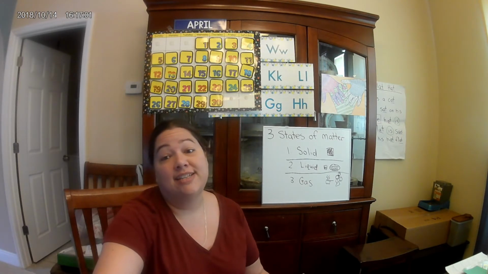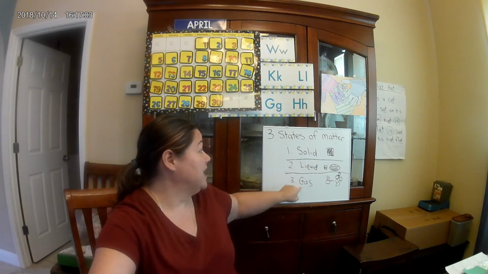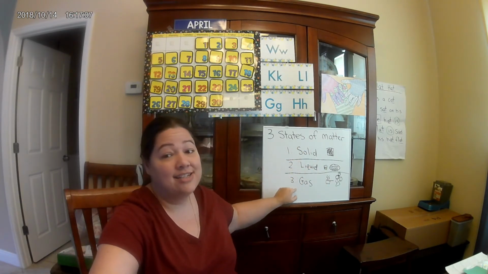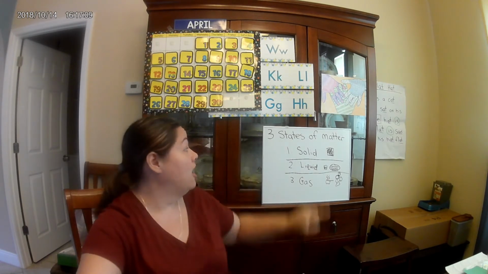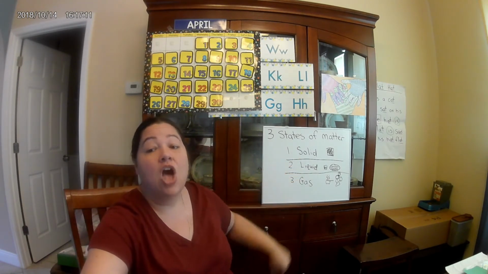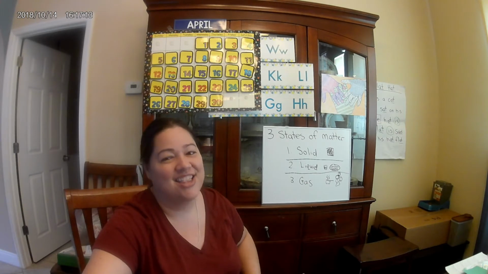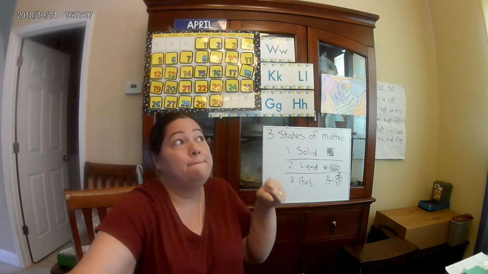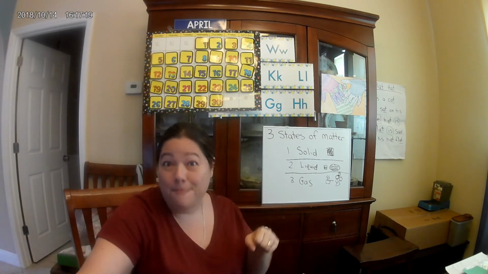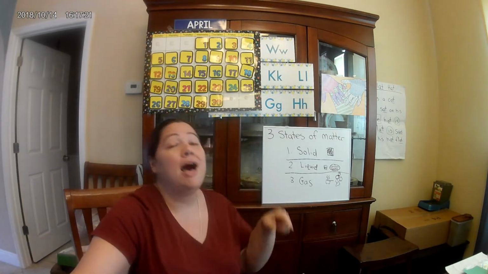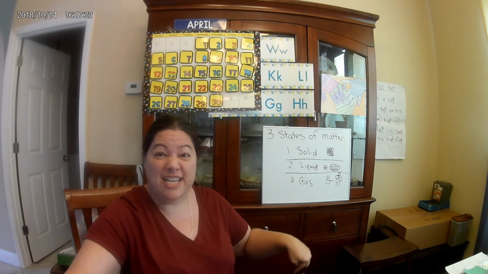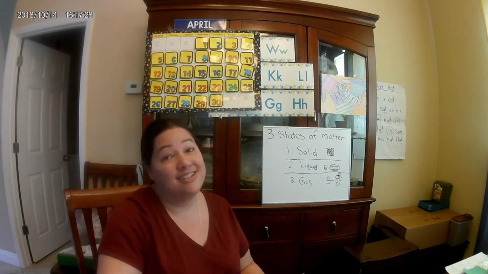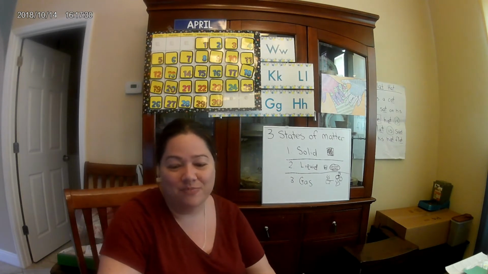The 3 states of matter are solid, liquid, gas, solid, liquid, gas. The 3 states of matter are solid, liquid, gas all day long. The floor is a solid. You can jump up and down all day long.